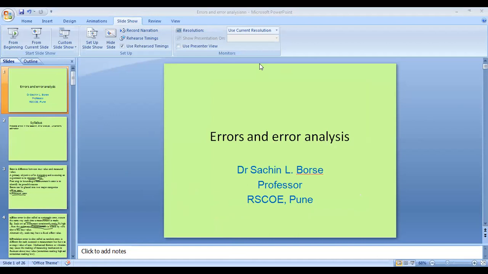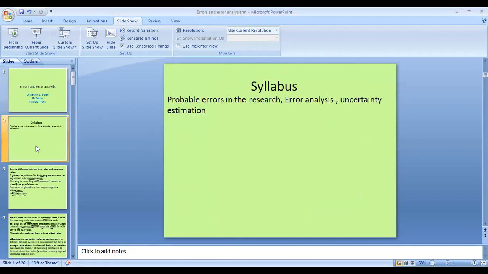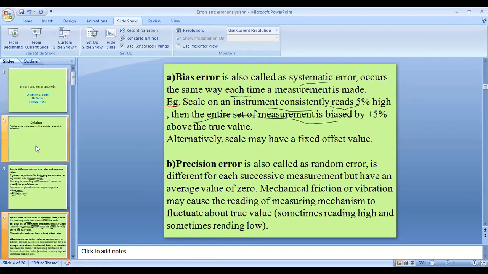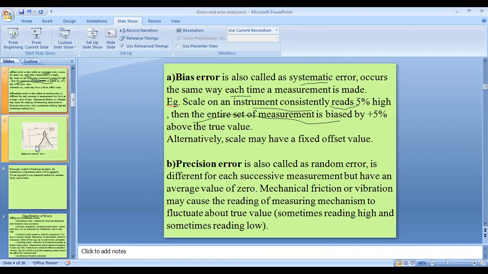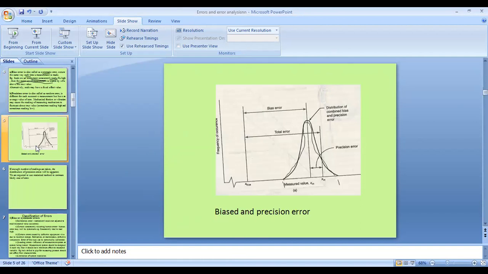Error and error analysis, first slide we can see. Yeah. So I'll go down. Are you seeing bias error, precision error? Yes, sir.